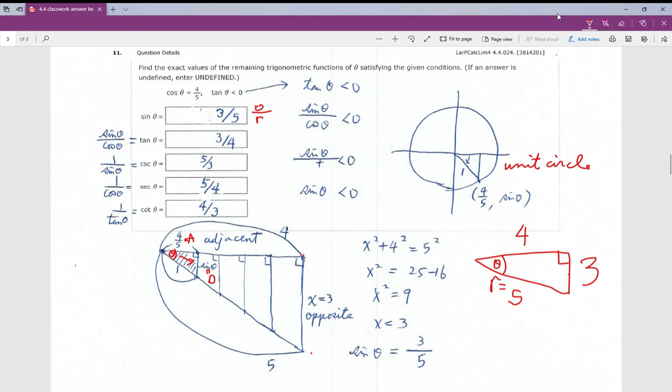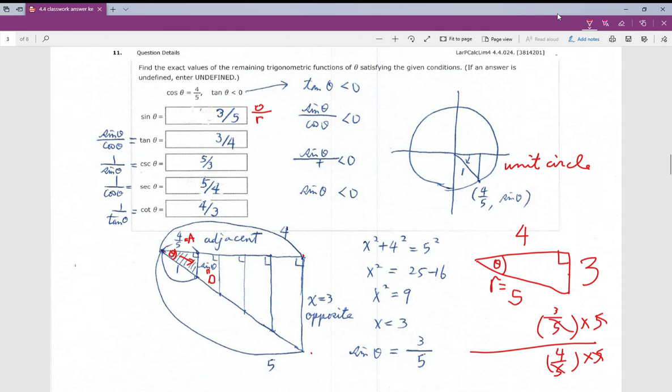And the tangent is sine over cosine. You can say that sine is 3 over 5 divided by cosine 4 over 5. If you multiply both, then you reduce.